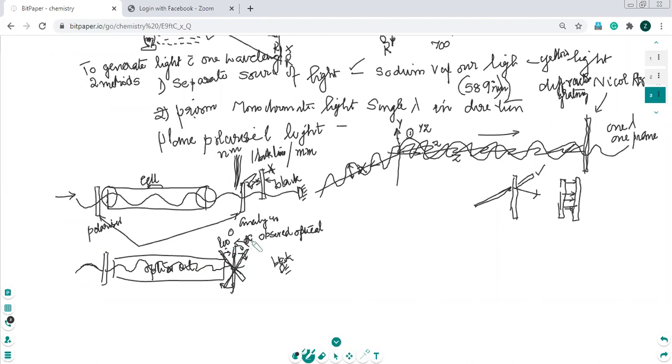The earlier one is called dextrorotatory. So when you have to rotate to the right, clockwise, the compound is dextro, and the one which is rotating to the left side is levo. Okay. So this is what is meant by optical rotation.